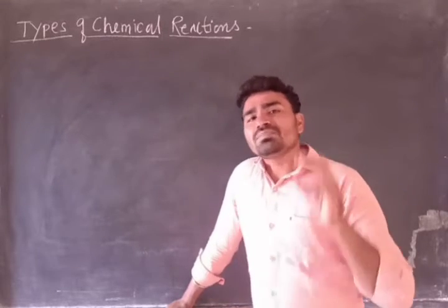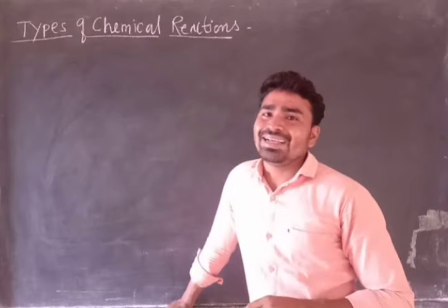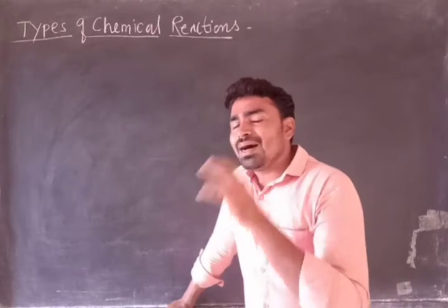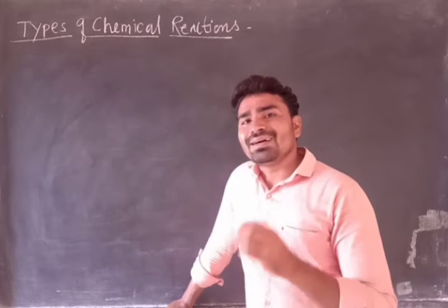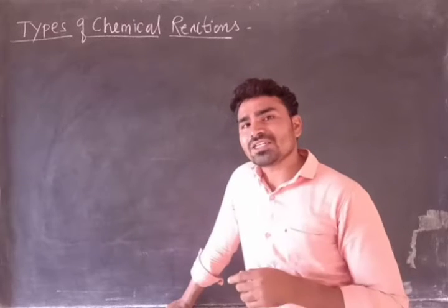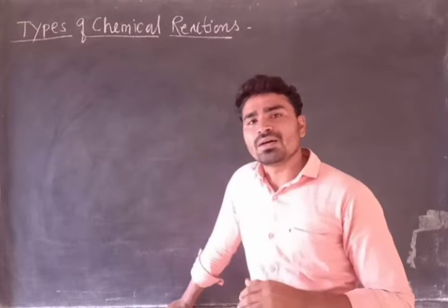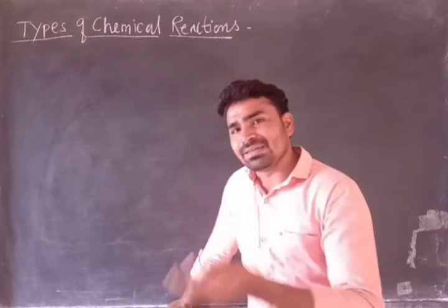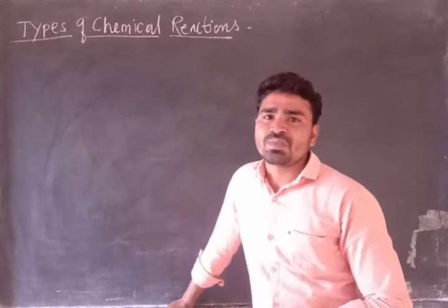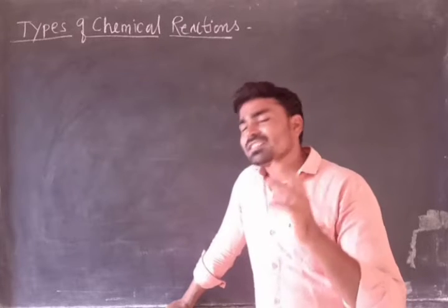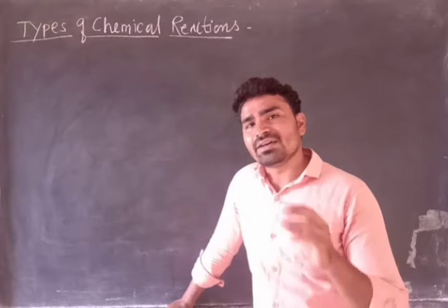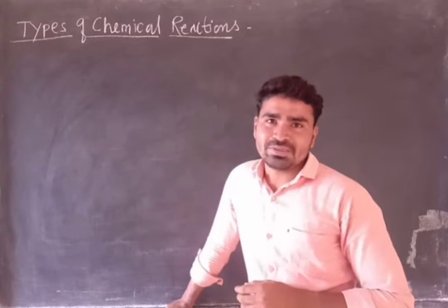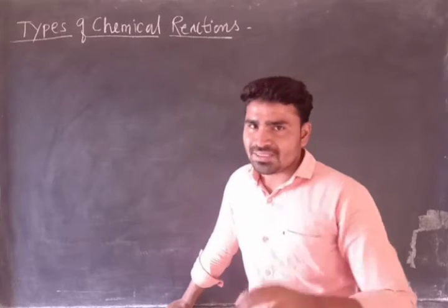In this law he tells that the mass of the reactants before the reaction must be equal to the mass of the products after the chemical reaction. So generally chemical reactions proceed with these two laws, the law of conservation of atoms and the law of conservation of mass.